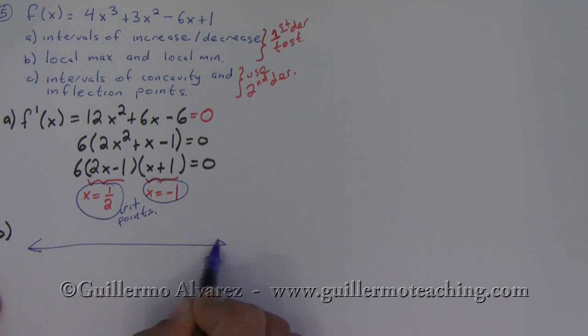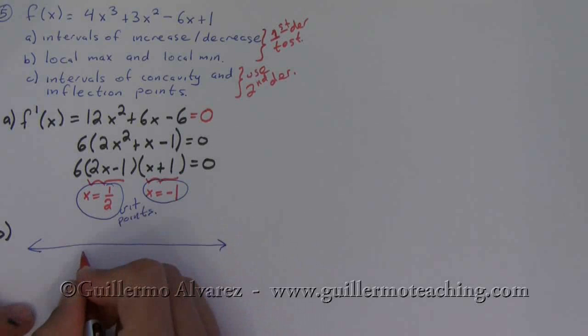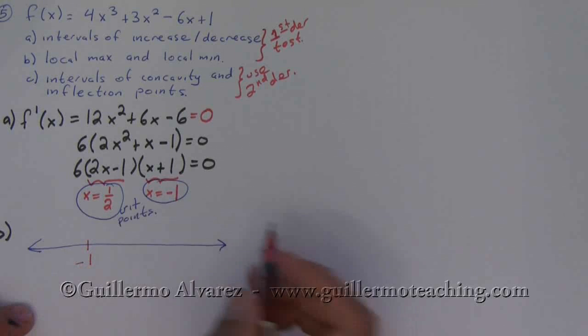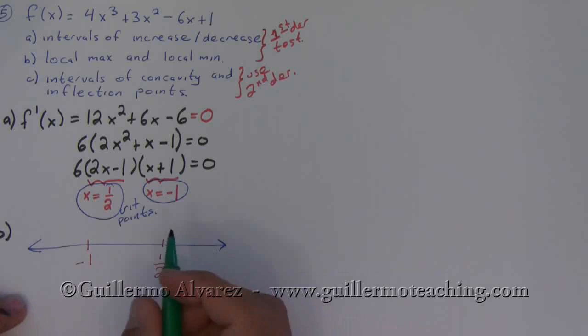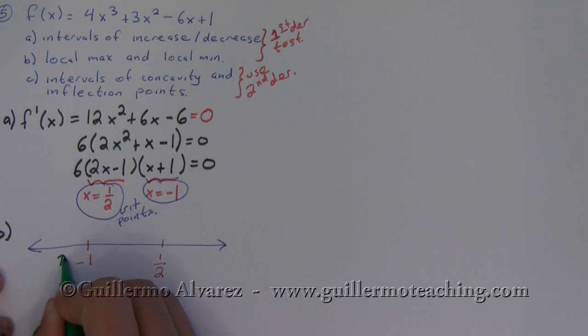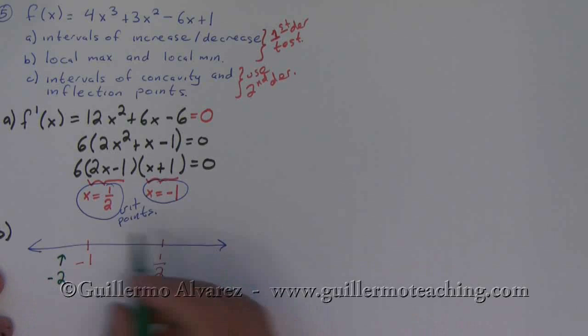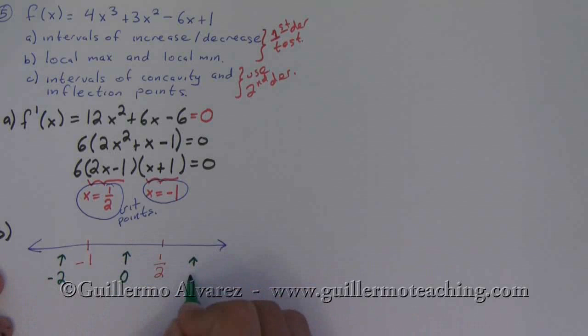So here we're going to first set down our critical points: negative 1, and then 1/2 right here. And we're going to test in between these values. To the left of negative 1, I'll pick negative 2. Between negative 1 and 1/2, I'll pick 0. And after 1/2, I'll just pick 1.